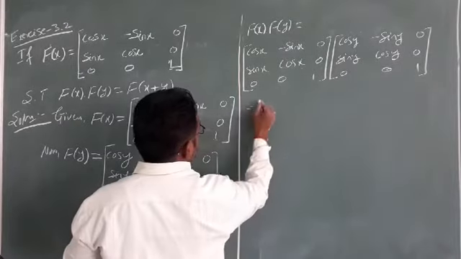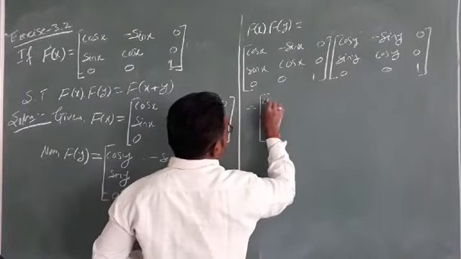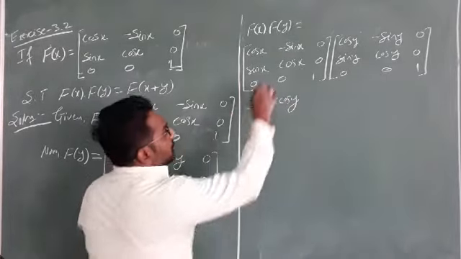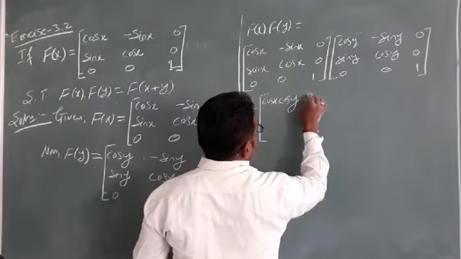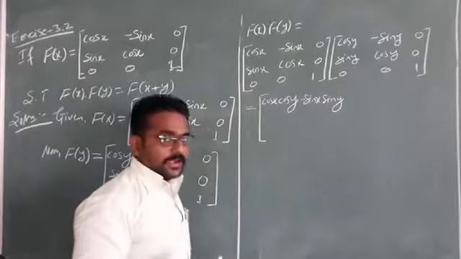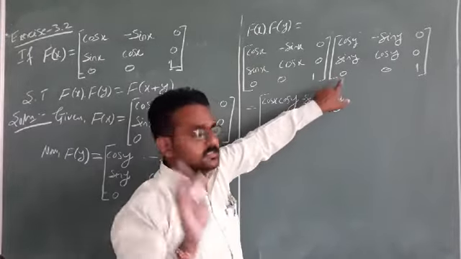So see the value here, students. Cos x into cos y, so cos x cos y, minus sin x into minus sin y, so minus sin x sin y. You have to add, so plus into minus becomes minus. 0 into 0 is 0, no need to write.